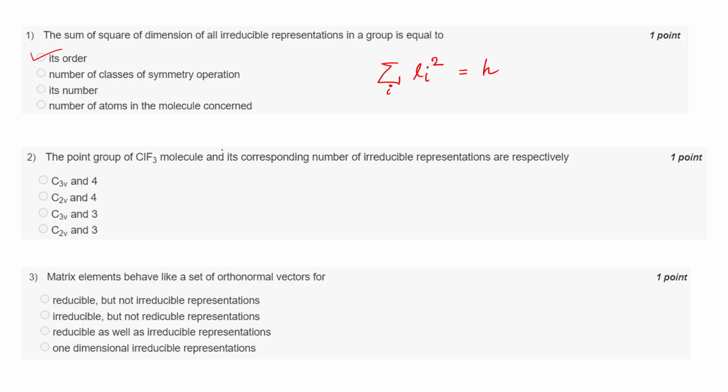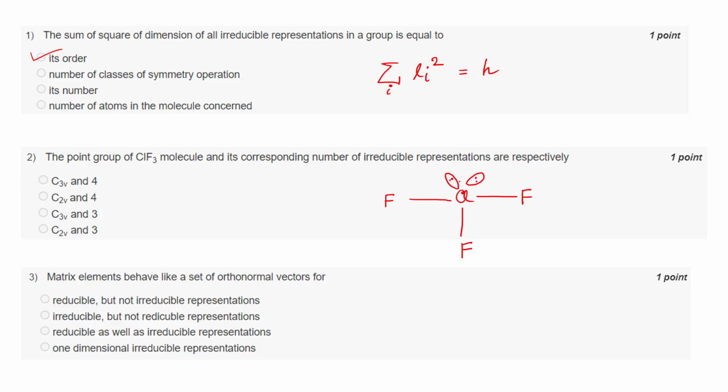Now the question is the ClF3 molecule: the point group of ClF3 and its corresponding irreducible representation. First, let us see how ClF3 will look. It is actually a T-shaped molecule, in plane. I should not say planar.